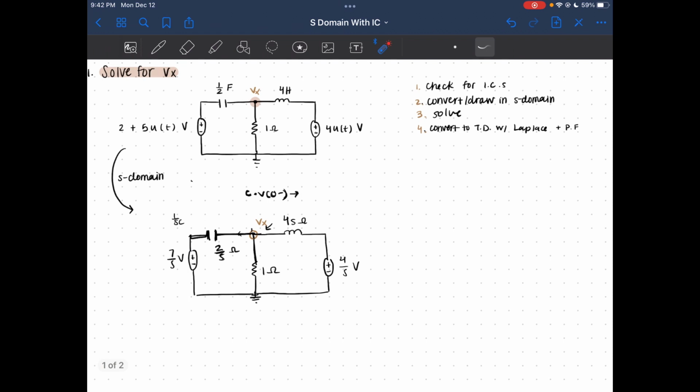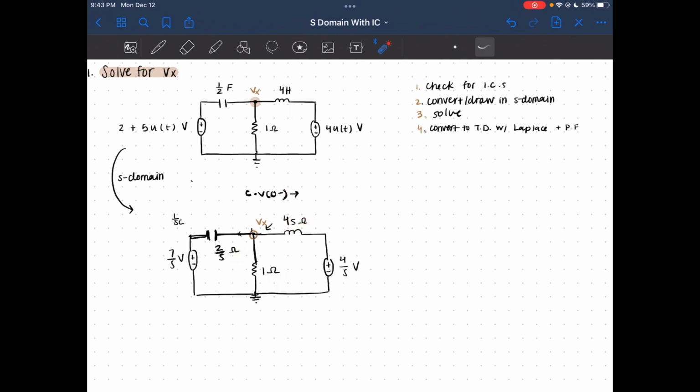Whenever we draw this circuit in the S-domain, we can go ahead and start by moving the voltage sources. The source on the right translates easily into 4 over S. This voltage on the left, however, we need to account for both the 2 and the 5, so now we have 7 over S. For the resistor, we know that resistors translate directly into S-domain, and the inductor is just going to be multiplied by S, and these impedances are in units of ohms.